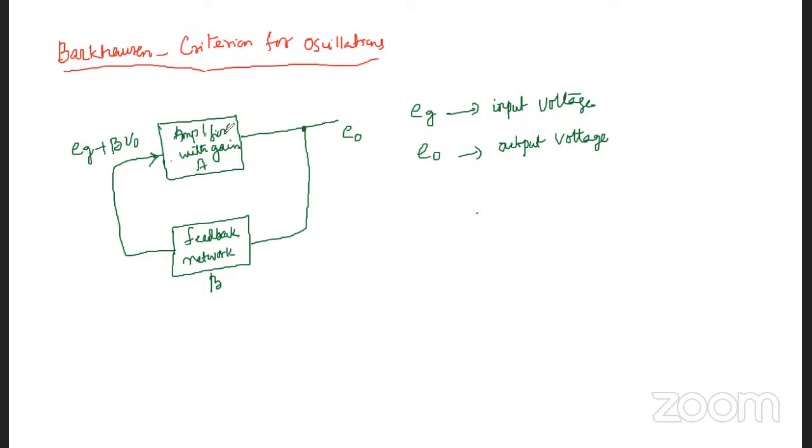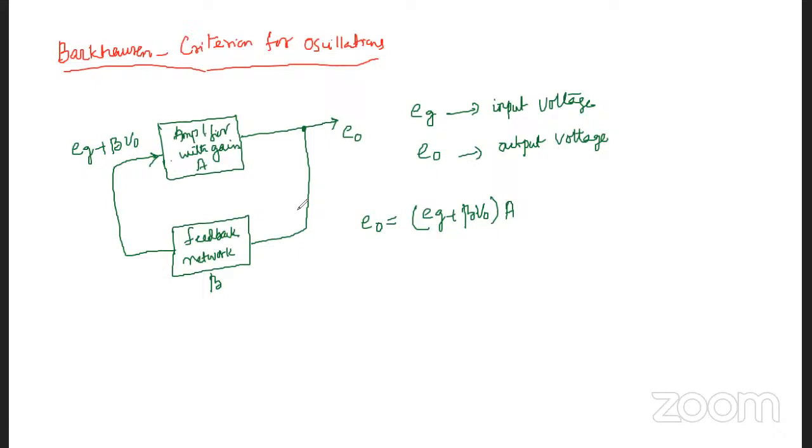Now the amplifier amplifies this A times to give the output E naught. So E naught is equal to EG plus beta E naught, into A. How did we get it?